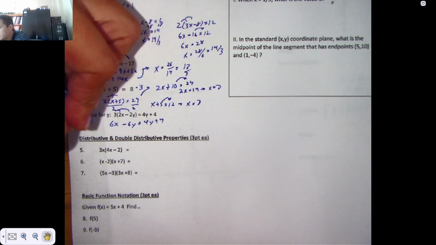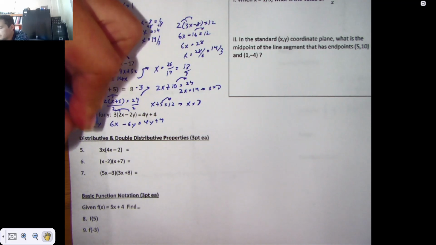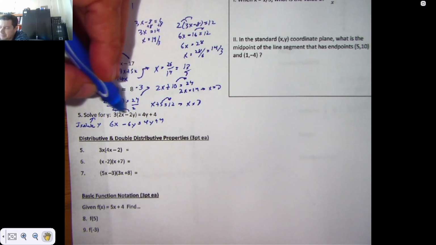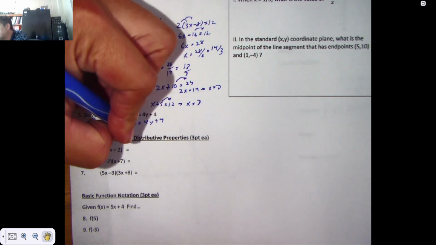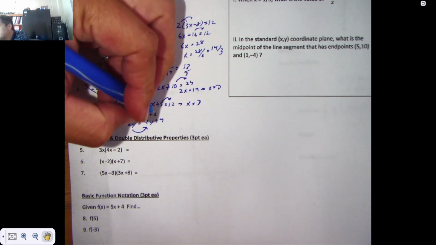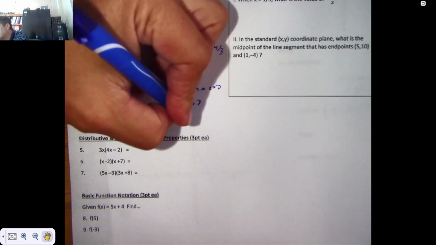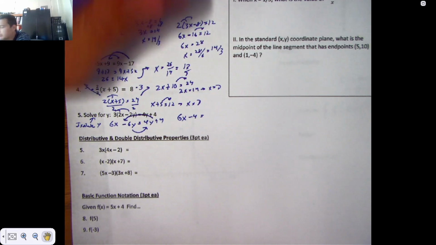So I'm kind of thinking isolate y. I had to do the distributive property to see how much y was actually on the left.